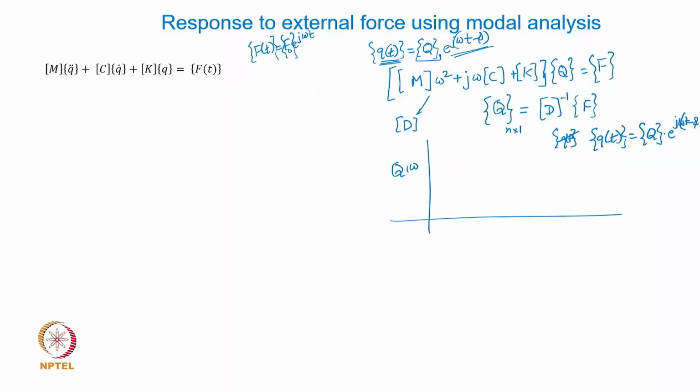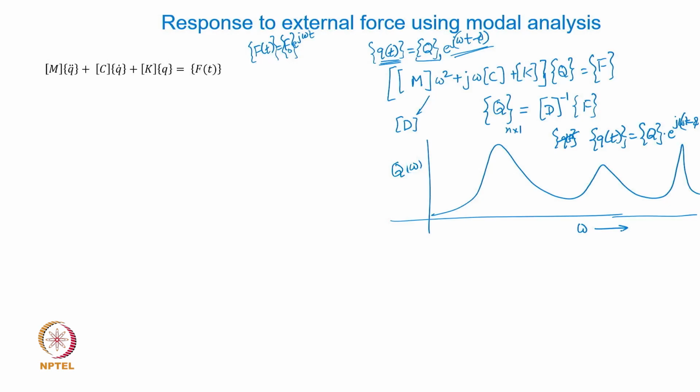Suppose I am interested in getting the value of q as a function of frequency, I might be interested in plotting the frequency response behavior. In an n degree of freedom system, I will have many resonances at many frequencies. What this gives me is, for a particular frequency of excitation, the q value.